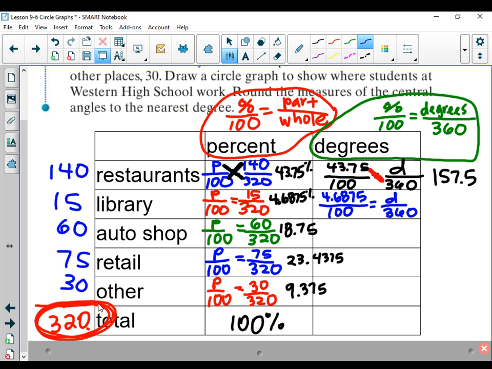I got a tiny piece for our library, 16.875.